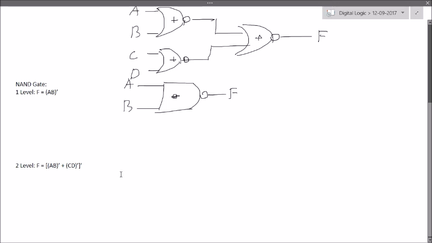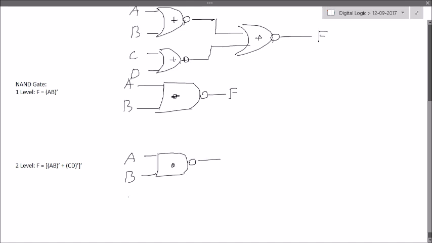And a two-level NAND gate is also the same, but with three NAND gates. Two NAND gates inside. Here's one NAND gate, AB prime. Second NAND gate is CD prime, and then an outer NAND gate. So the first NAND gate is A, B, and NAND gate inverter.